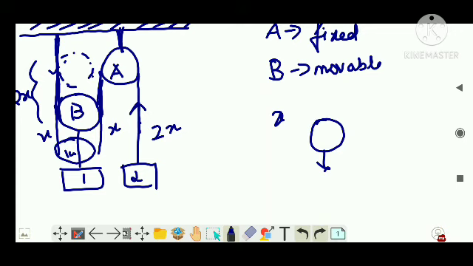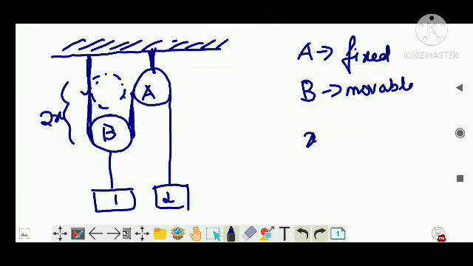Similarly, the opposite condition: suppose a pulley is moving upwards by a distance x, then the left and right side strings will have displacements of x and x, so there will be a displacement of 2x in this string. Clear? So if B is moving x distance in the upward direction, x and x displacements will be upward, but 2x displacement will be in the downward direction.